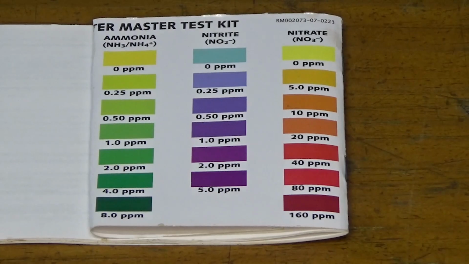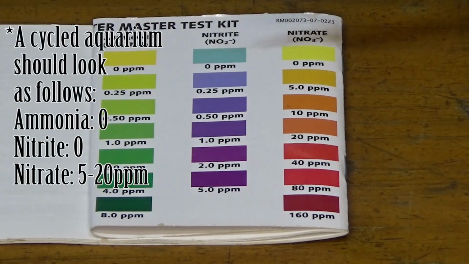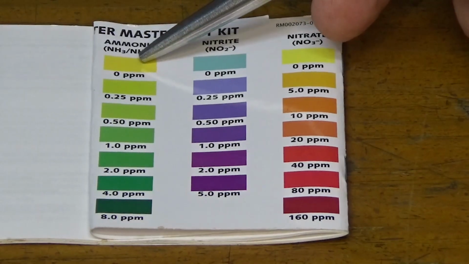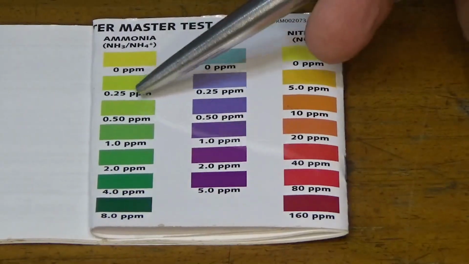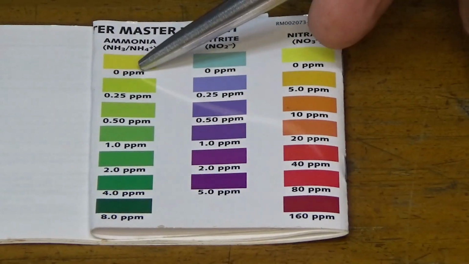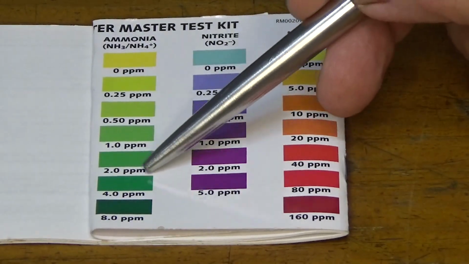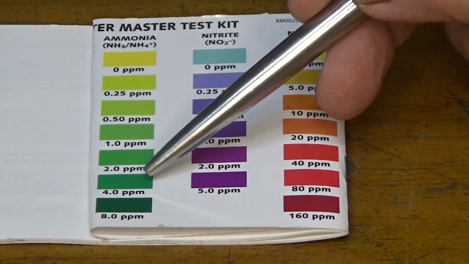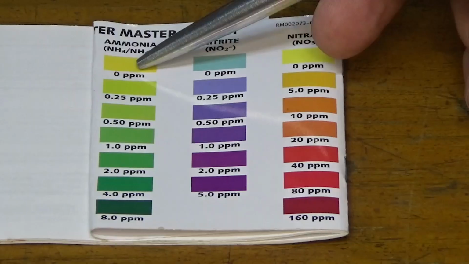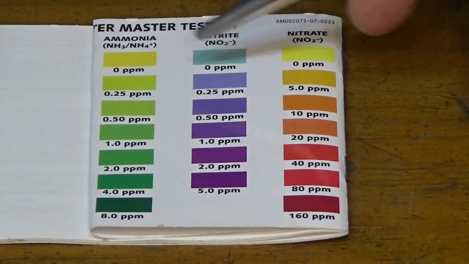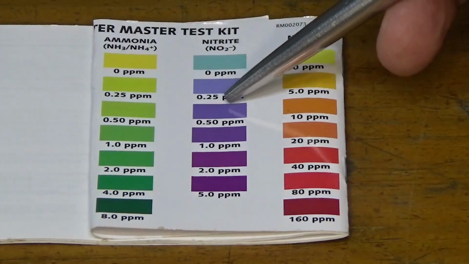On the colour chart we can see, and this is a freshwater colour chart, but freshwater or saltwater colour charts, the ammonia starts at zero, and as the colour intensifies, that shows a higher and higher level of ammonia. In the initial stage, the ammonia will rise. As the bacteria increases in numbers, it will drop the ammonia back to zero. The nitrite, as this is occurring, will rise.